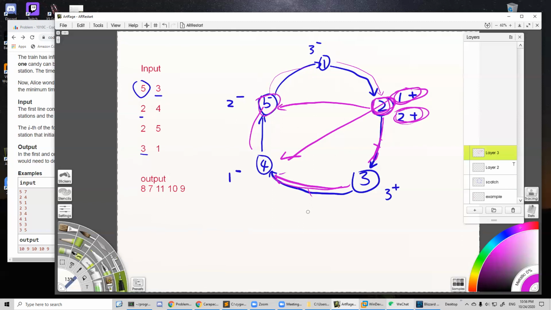So that's the greedy part of the solution, right? If we want to move one station's candies to the right places, we need to move the candy with a longer distance first and leave the shortest distance to the last.